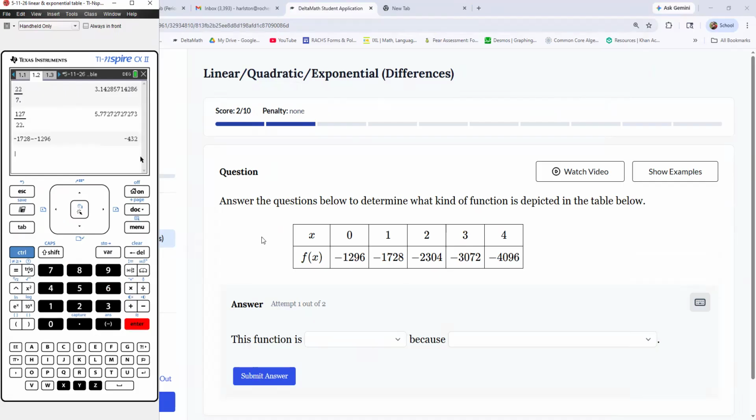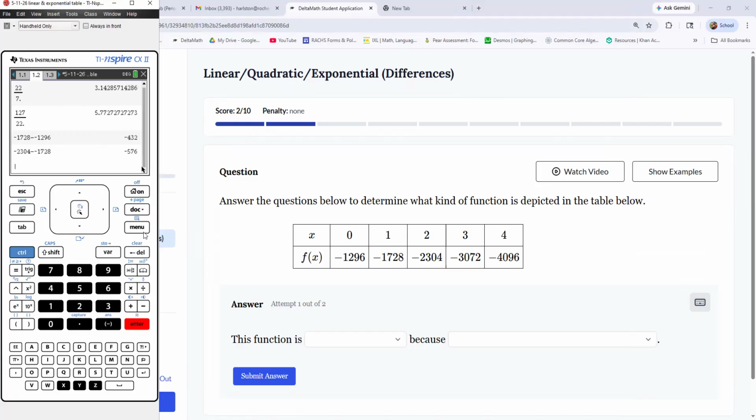And it's going down by a -432. And then I'm going to do a -2304 minus a -1728. And I get a -576. So it's not going down by the same amount, so it's not linear.